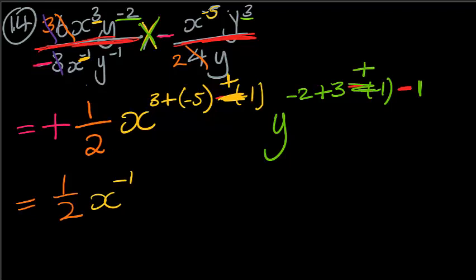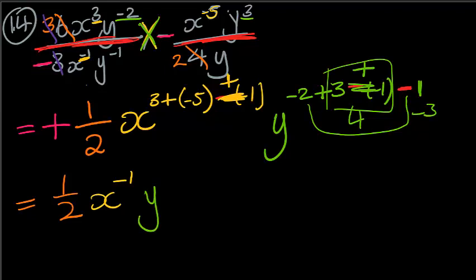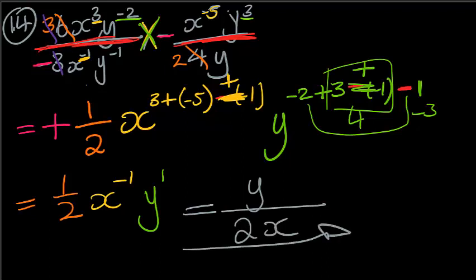So I've got 3 plus 1, which is 4. This is positive 4. And these two make negative 3. 4 minus 3 is positive 1. If I rewrite this as a fraction without any negative exponents, I have y as a numerator over 2x as a denominator. That is my final answer.